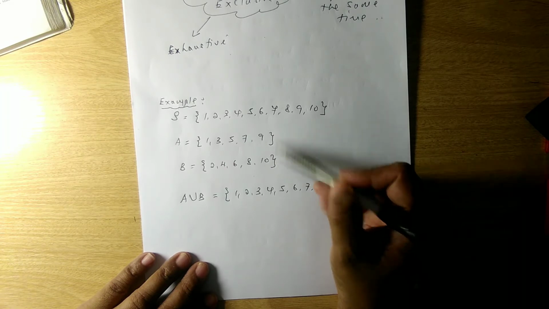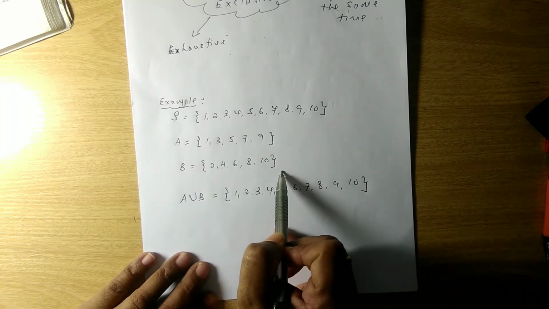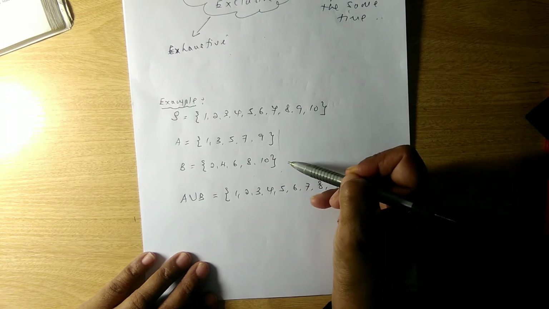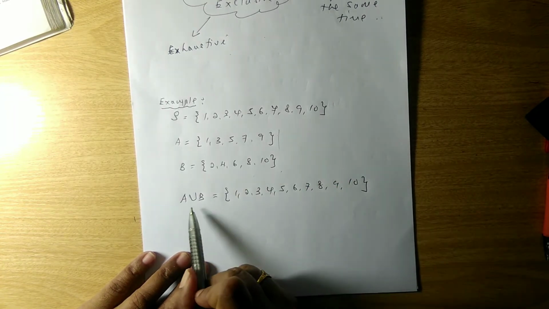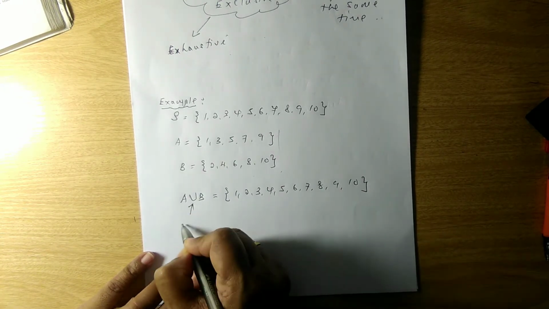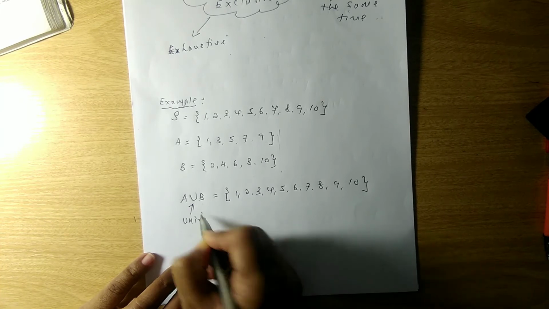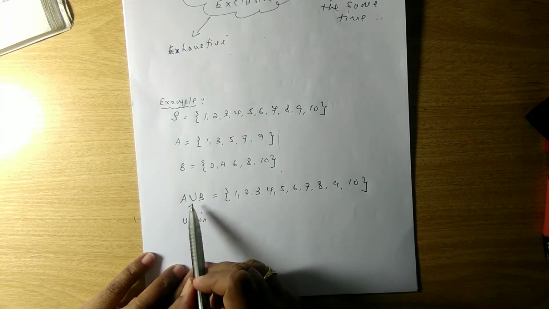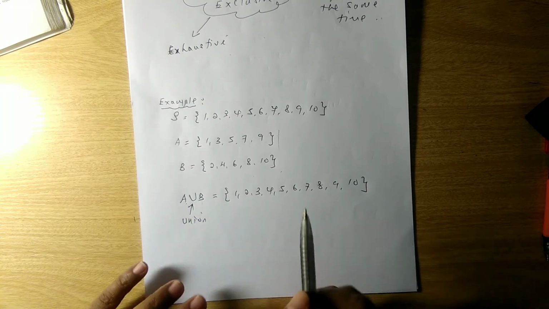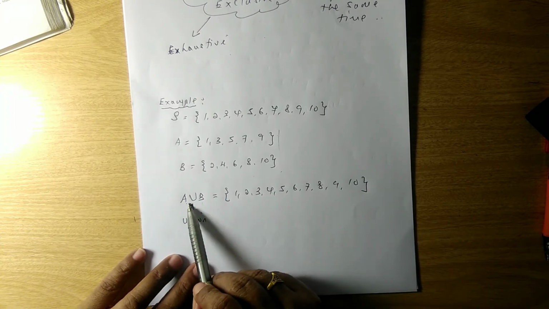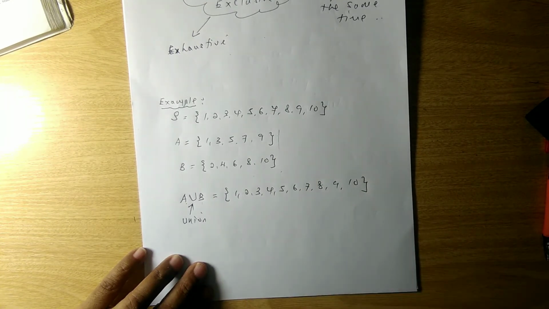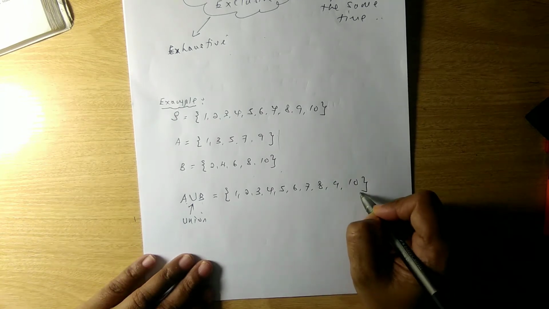So when you put event A and event B together, this is the symbol of union, which means you're gathering all of A and all of B together. When you list down, A is 1, 3, 5, 7, 9, and B is 2, 4, 6, 8, 10. So when you list them together, you realize that this is the same as your sample space.